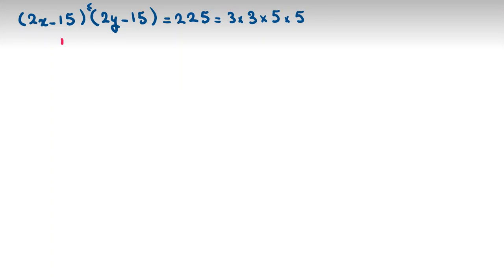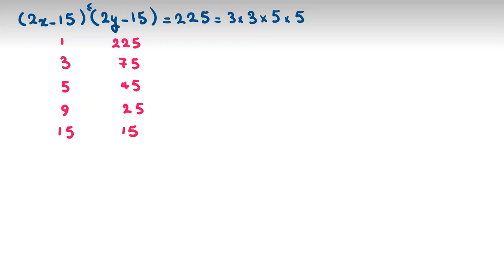So it can be 1 times 225, since they are positive. The next one is 3 times 75. If it is 5, it will be 9 times 5, 45. Now, if we check 9, it will be 25. If we check 15, it will be 15.